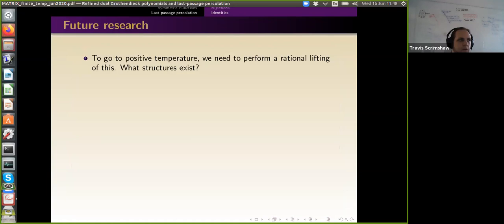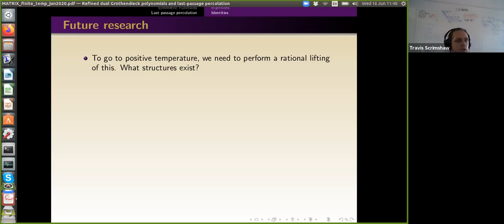So where do we go from here? Well, since this is a workshop on positive temperatures, I at least have to mention something about positive temperatures. Unfortunately, all I can mention is, please help me.